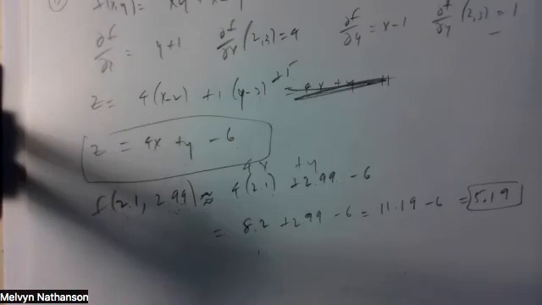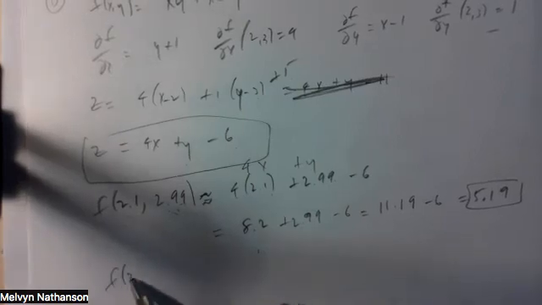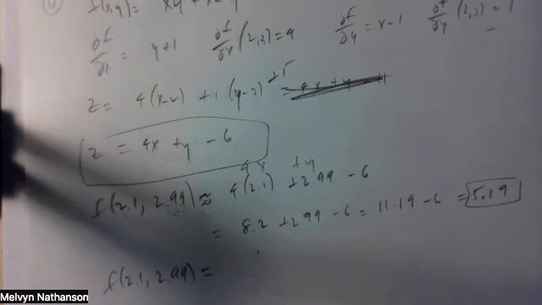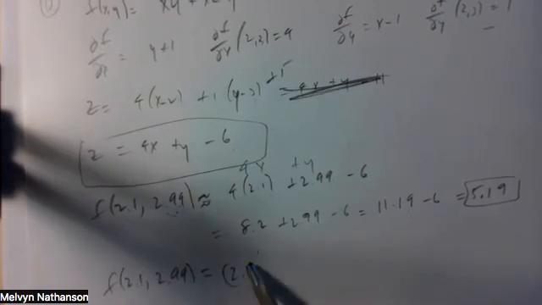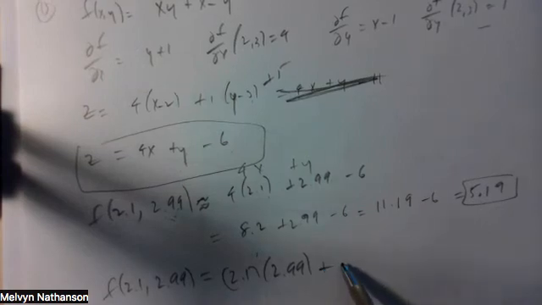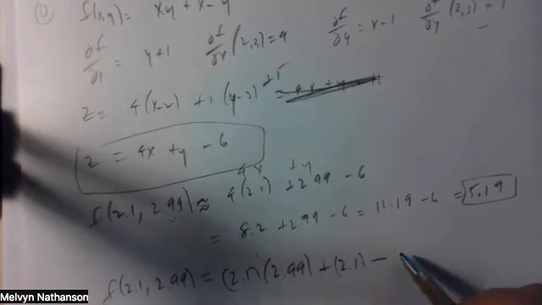Let's see. If I get a calculator and actually calculate this exactly, let me see what I get. So f of (2.1, 2.99) is exactly equal to xy plus x minus y.